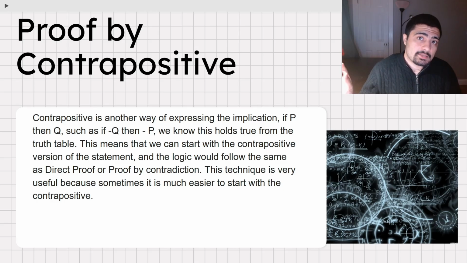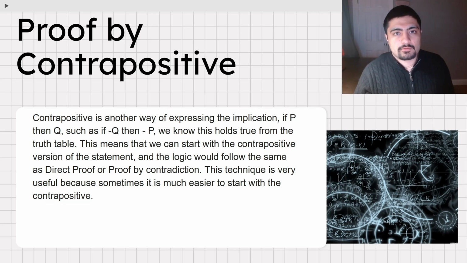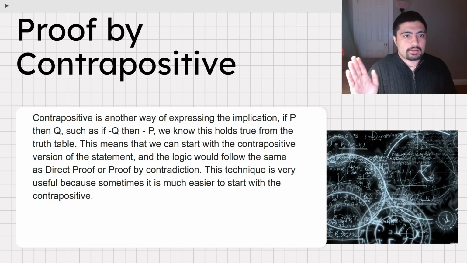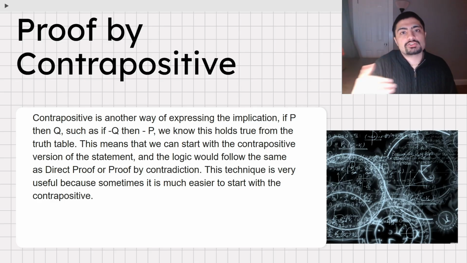And since they have the same truth value, we can just rewrite that expression and just work with that, playing around with the math and showing that the contrapositive is true or false, whatever we are trying to do there. Showing that it is true will mean that the original statement is true itself, because they share the same truth value. If the contrapositive is false, the original statement is false. If the contrapositive is true, the original statement must be true.